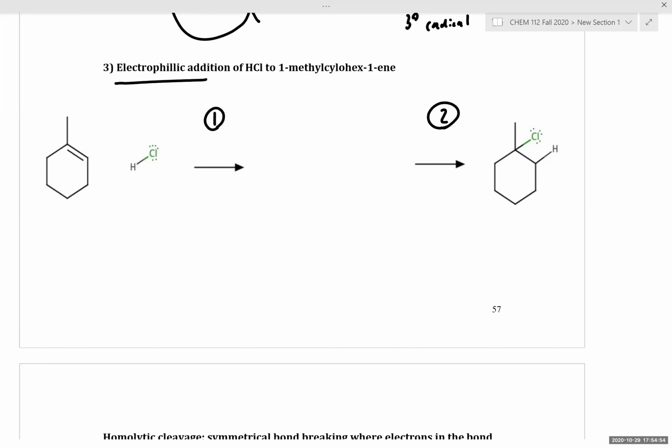Would anyone like to try drawing the first step for this reaction mechanism? So we're looking at electrophilic addition. So what would be our first step in electrophilic addition?